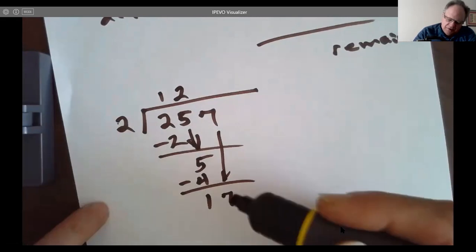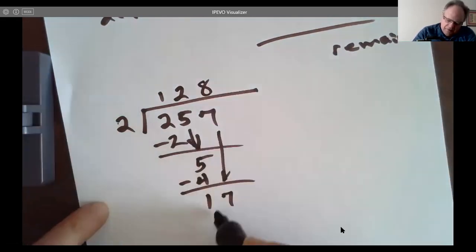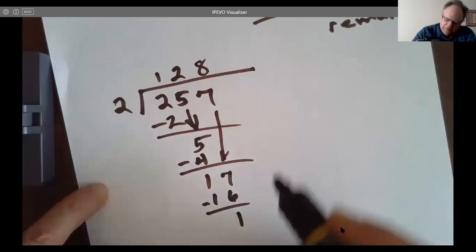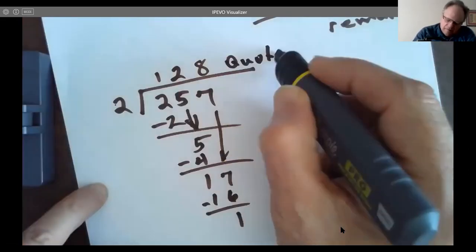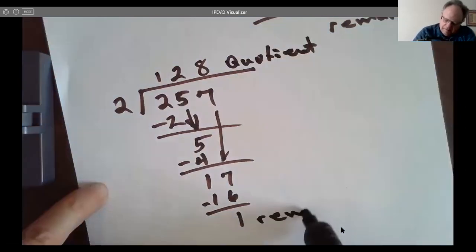Well, 2 times 8 is 16, right? Subtract the bottom row again. 17 minus 16 is 1. So 128 is our quotient, and 1 is our remainder.